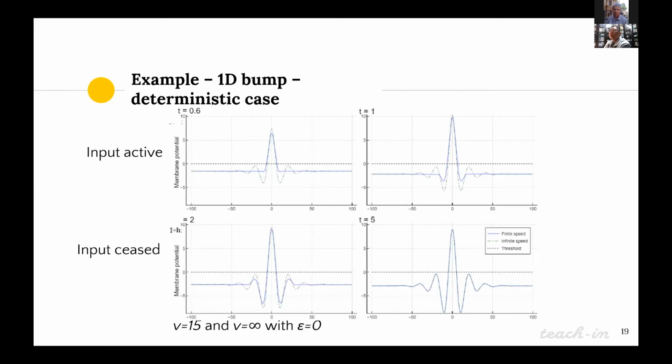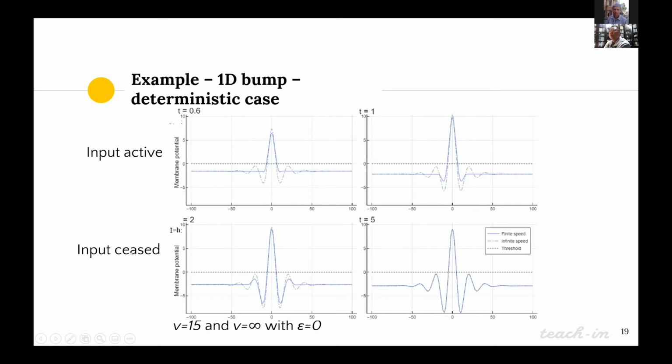What we can observe in this example, at the first time t equals 0.6, when the input is still active, is a solution which is here in blue. The blue line is the solution. It reflects the external signal which is still active, and when t equals 1, the last moment when the input is active, we still have a solution with the same form.